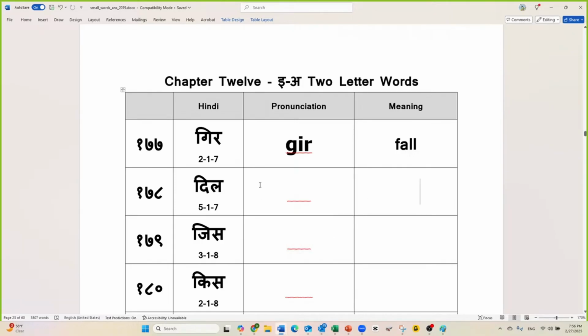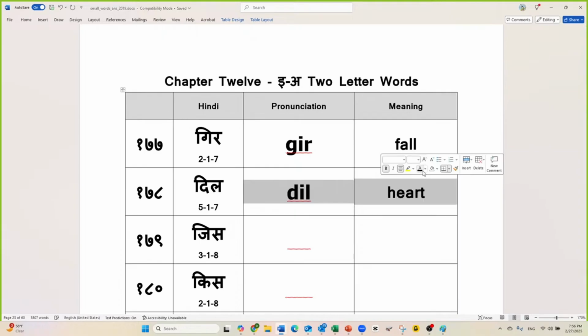And Kavina, you give me the next word. Dil. Dil is your heart. All the Hindi movie songs which you hear will have the word dil in them a lot of times because they're always talking about love in songs.